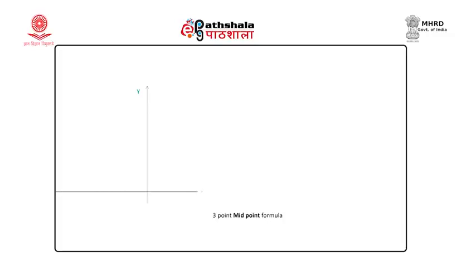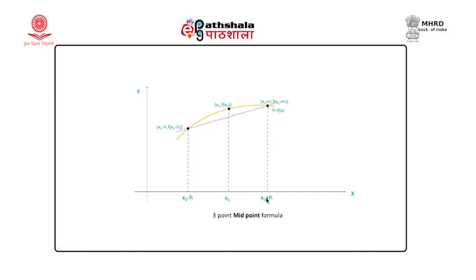Now, let us have a look graphically at this 3-point midpoint formula. You have 3 points x0 minus h, x0 and x0 plus h, and let this be the graph y equal to f, where the slope of the tangent gives you f dash. This is the point x0 minus h, f(x0 minus h), and this is the point x0 plus h, f(x0 plus h).